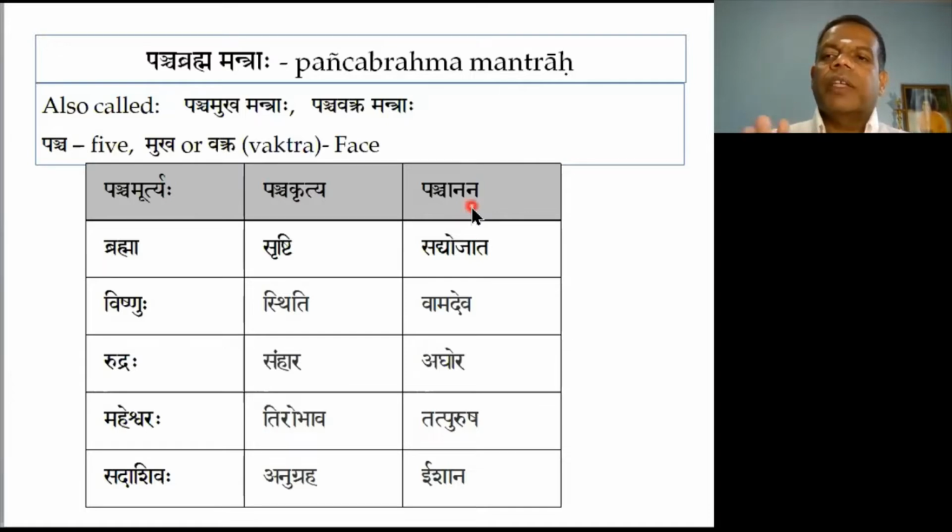They are related to 5 phases of Shiva: Sadyojata, Vamadeva, Aghora, Tatpurusha, and Ishana. We have so far looked at the first 3: Sadyojata, which is west facing; Vamadeva, which is north facing; Aghora, which is south facing. We have looked at it in detail. So we are going to look at the next 2, Tatpurusha and Ishana.